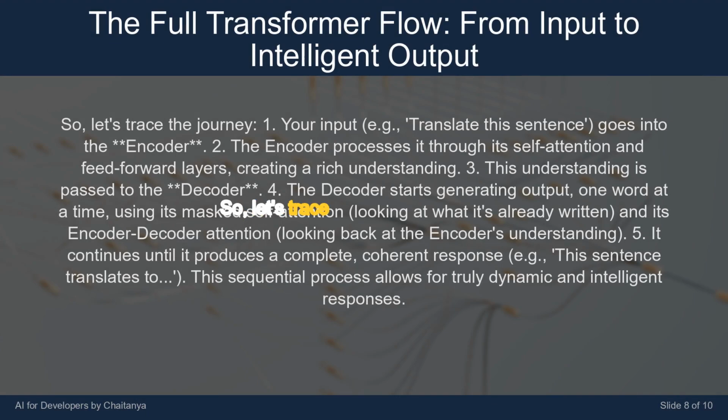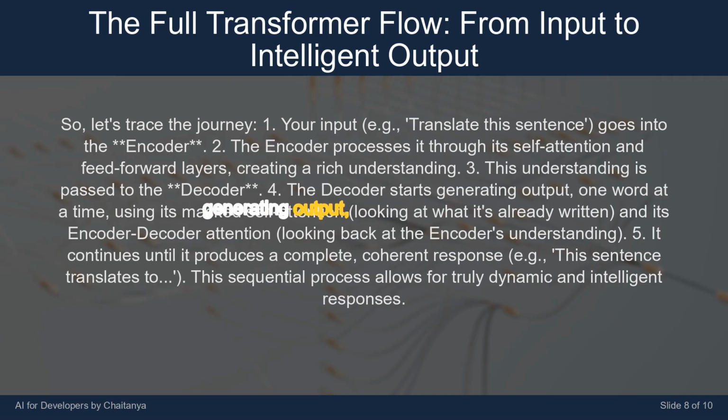So, let's trace the journey. 1. Your input, e.g., translate this sentence, goes into the encoder. 2. The encoder processes it through its self-attention and feed-forward layers, creating a rich understanding. 3. This understanding is passed to the decoder. 4.